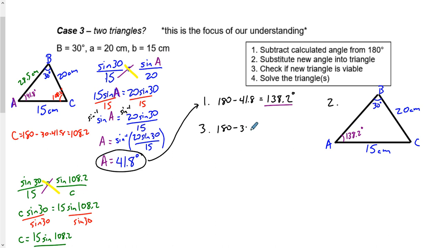If I take 180, subtract the 30, subtract the 138.2, I get 11.8. You can have an 11.8 degree angle. And the last step is to solve the triangle, which means solve for this unknown side.